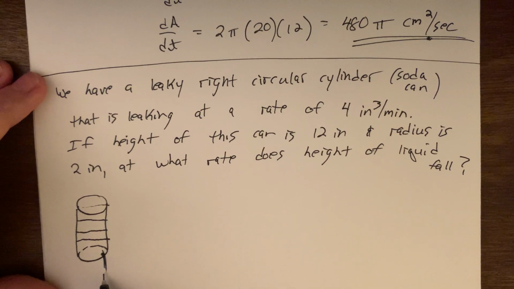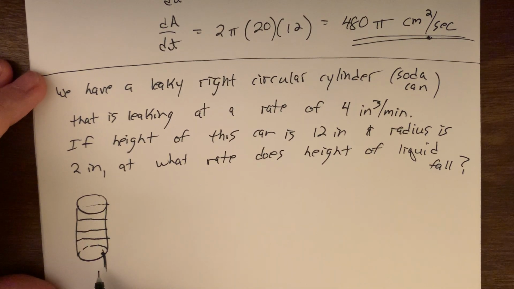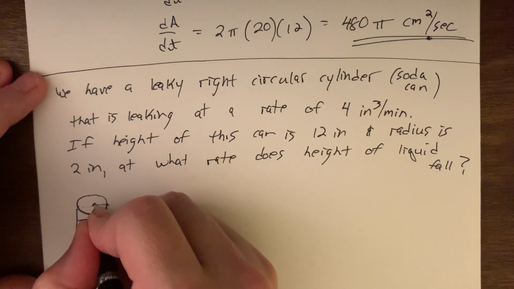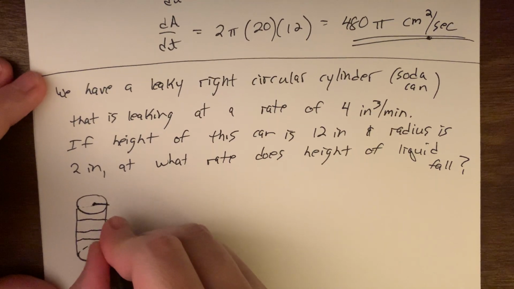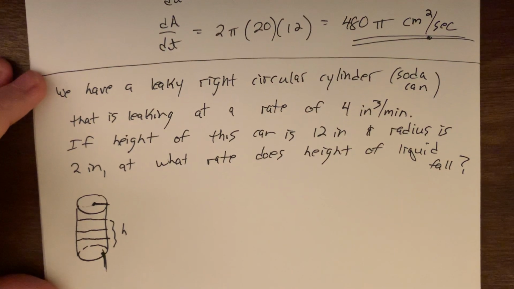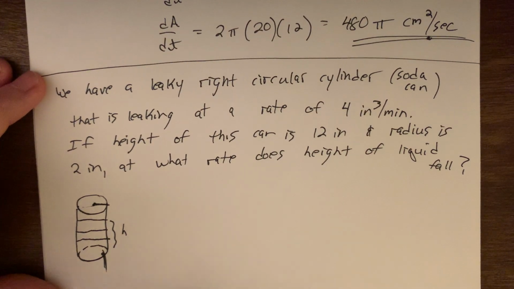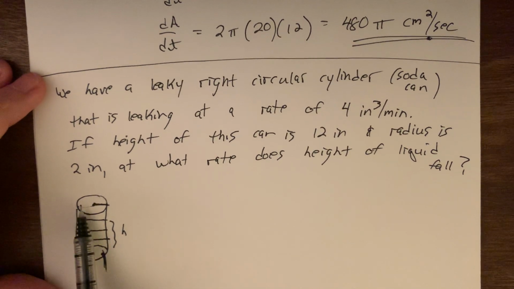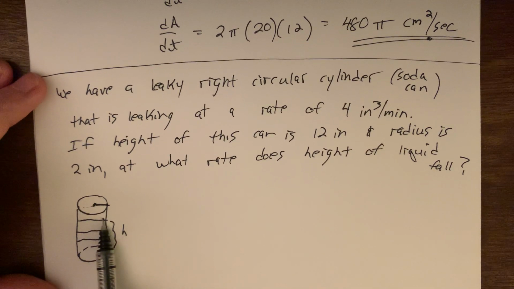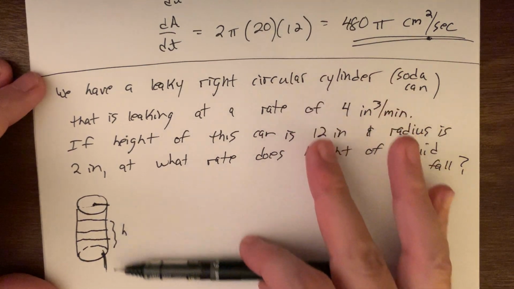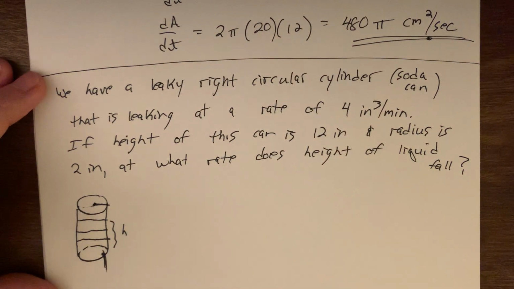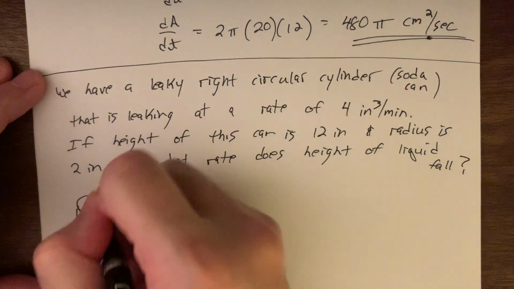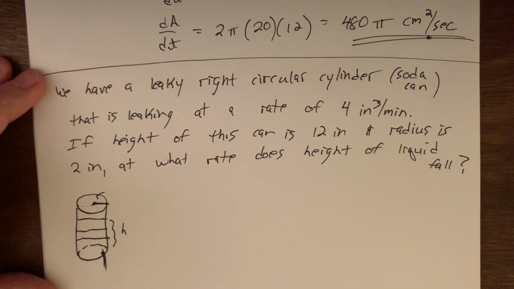As time passes and as soda leaks, that changes. Notice what doesn't change though. I'll use H for height, but notice the radius in the can does not change. The radius of the can itself, and even the liquid inside the can, well, liquid is very nice. As it leaks out, you're not going to have liquid up here and then no liquid down here. It's going to fall in this nice pattern. So R doesn't actually change. The radius is really unchanged in this problem.